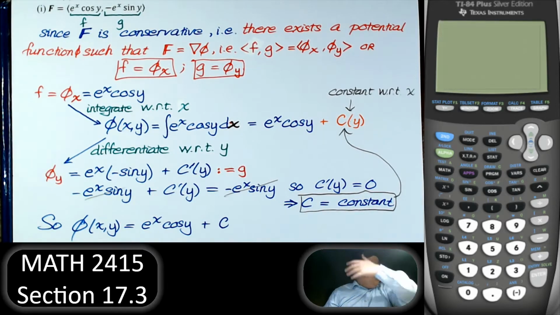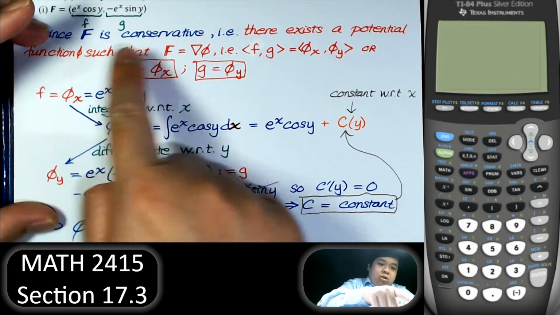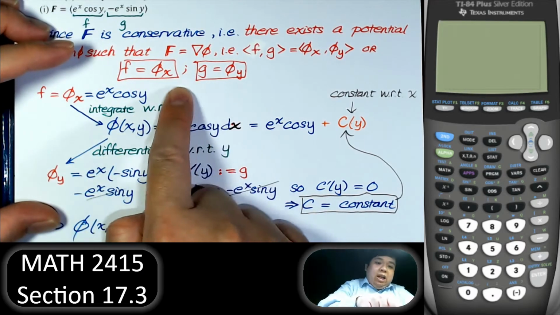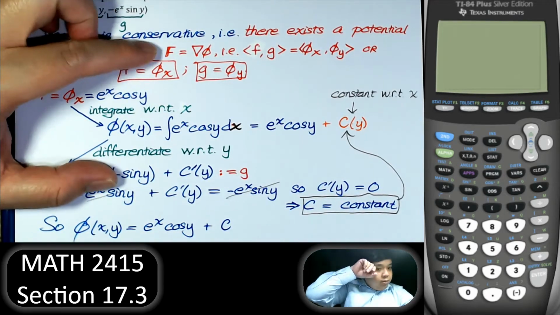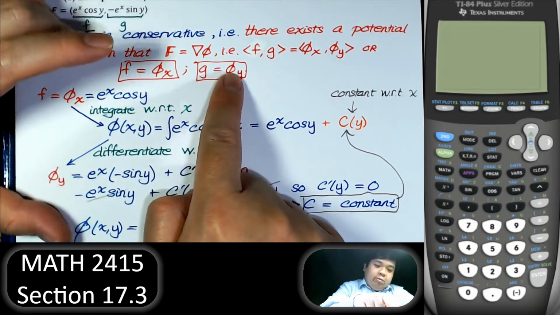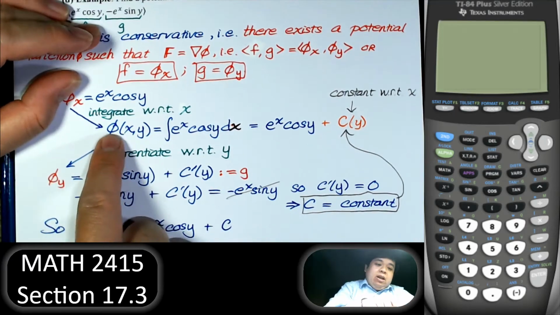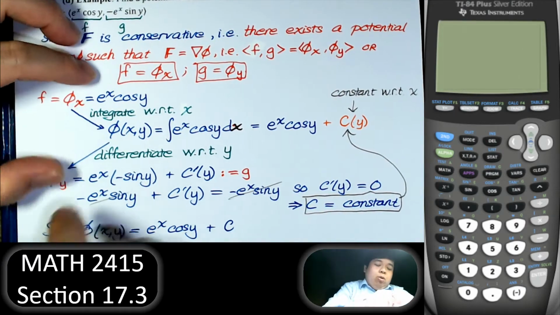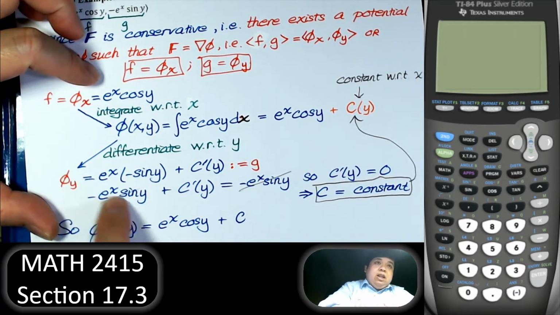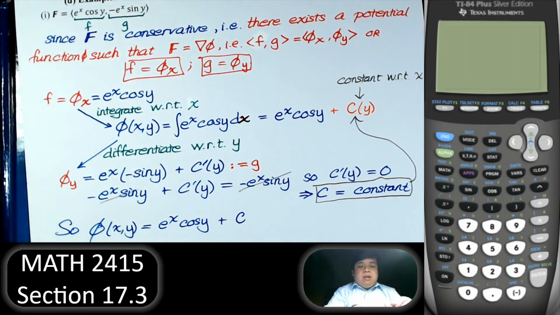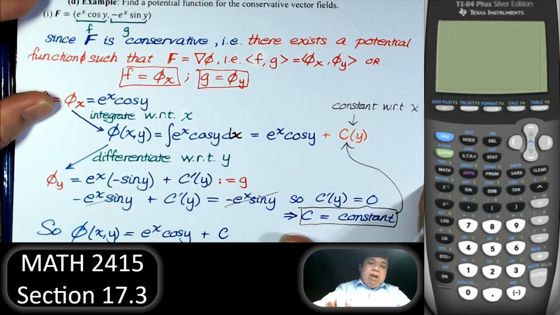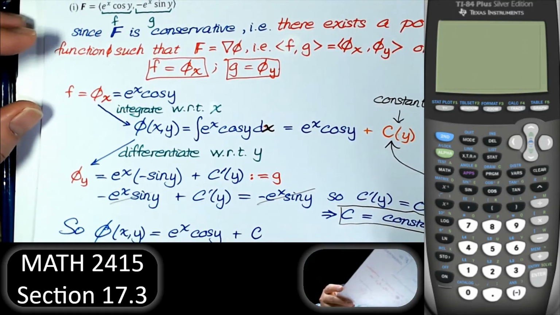So that's the idea though. If it is conservative, then those are equal, and then we find that by integrate and then differentiate. If there are three variables, integrate, differentiate, integrate, and differentiate until we solve for that very constant.